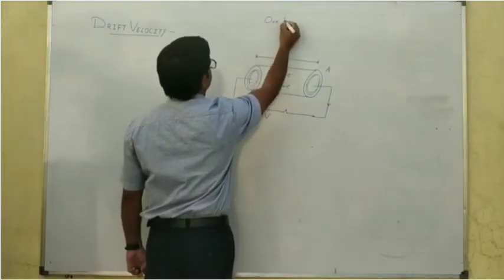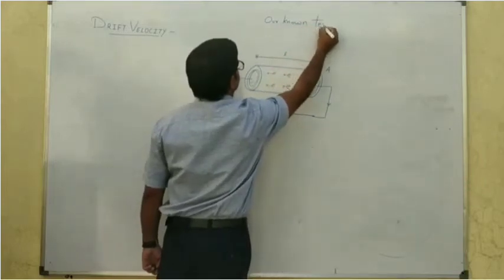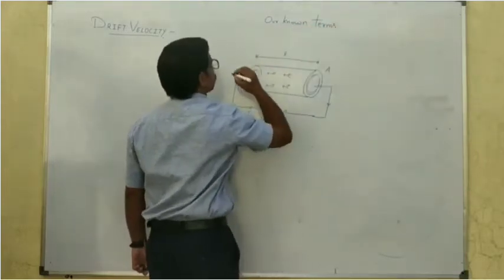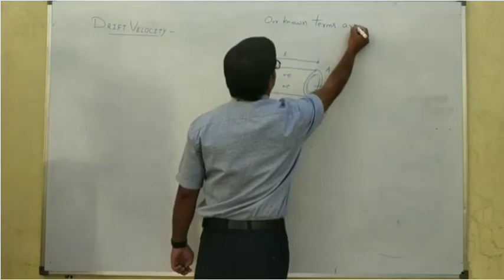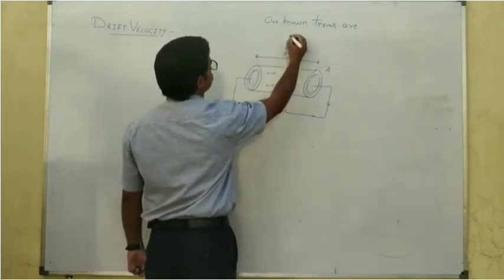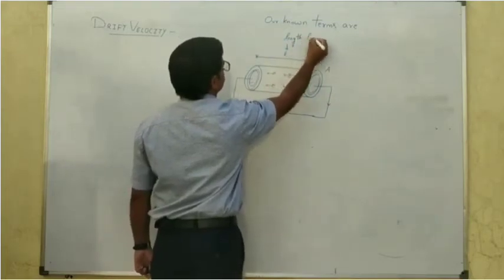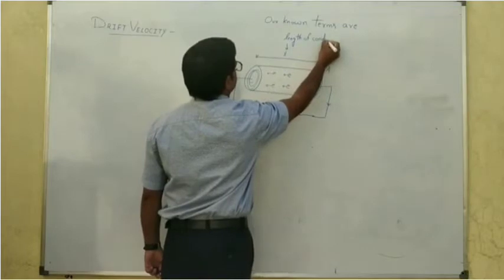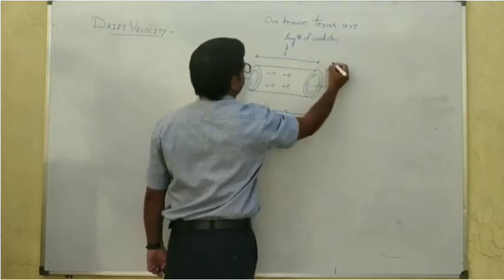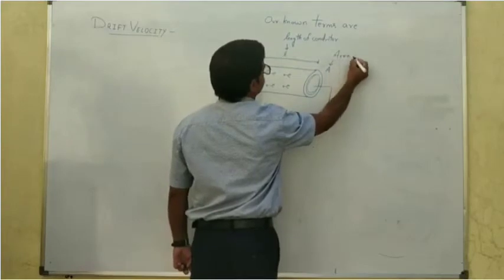Our known terms are L, which is the length of conductor, A, the area of cross section.